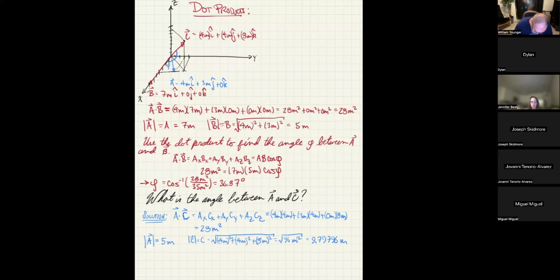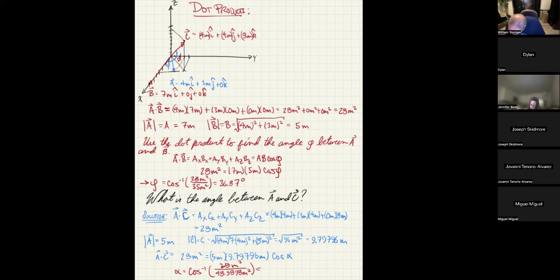Okay, so now I can figure out the angle because I know A dot C is equal to 28 square meters, but it's also equal to 5 meters times 9.79796 meters times cosine of, let's say, alpha this time, and I'm going to call this angle alpha there, so that alpha is equal to the cosine inverse of 28 square meters divided by, now I got to do 5 times that 9.79 thing, and that gives me 48.98 9898 meters squared.